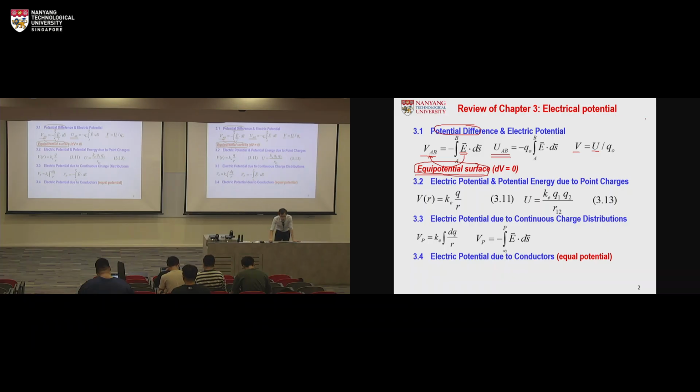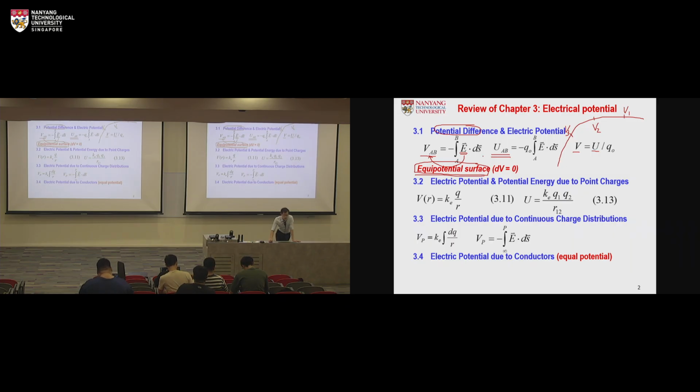Let's say you have this kind of surface. If this is an equal potential surface, simply means this point V1, this point V2, this point V3, all are the same. And this is the basics.